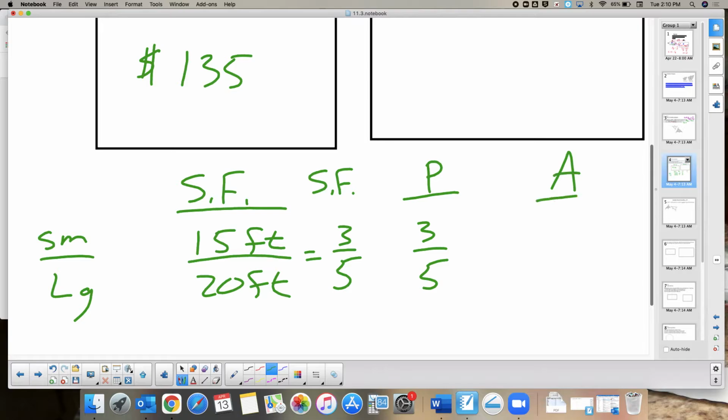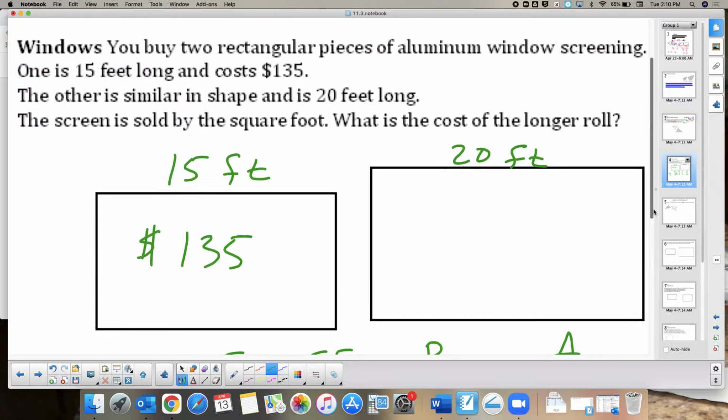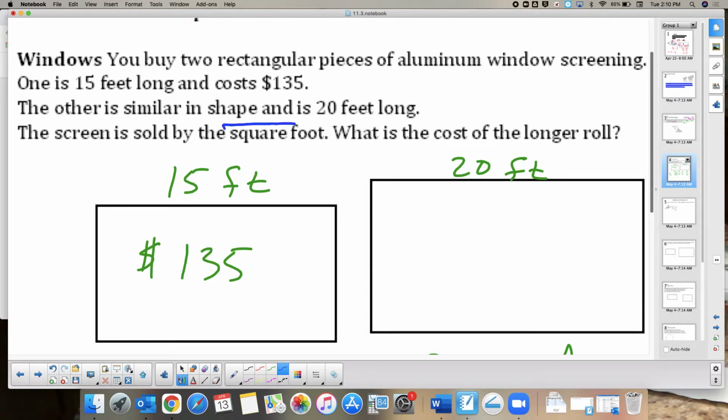What we just learned then is the ratio of our areas then is 3 squared, which is 9, to 5 squared, which is 25. Now the key here is you have to read the directions. They tell you that this screen is sold by the square foot, which means we want to use our area ratio.